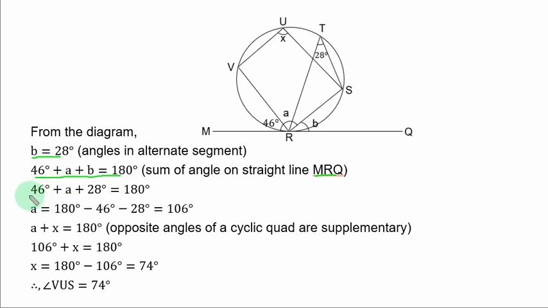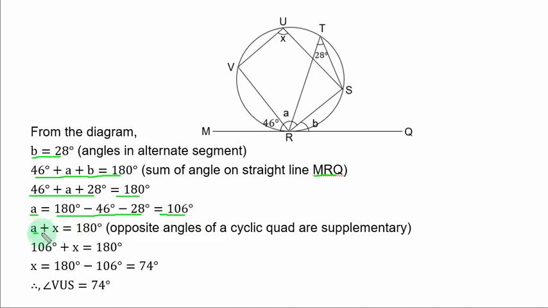So you have 46 plus A plus 28 for B equal to 180. To get A, transfer the other two angles to the right hand side. That is 180 degrees minus 46 degrees minus 28 degrees equal to 106 degrees.